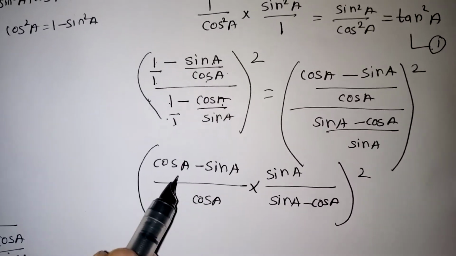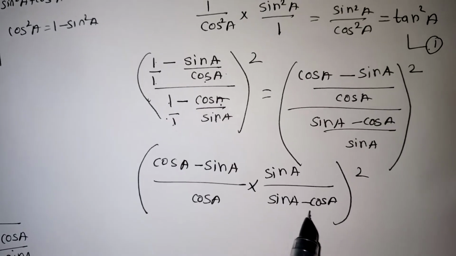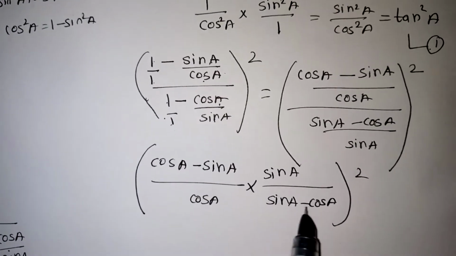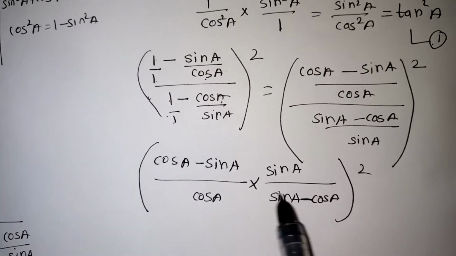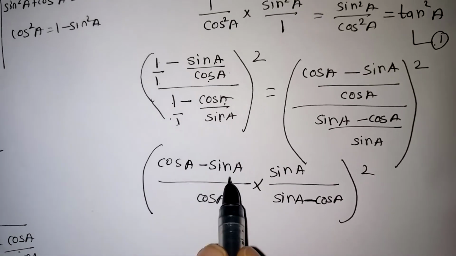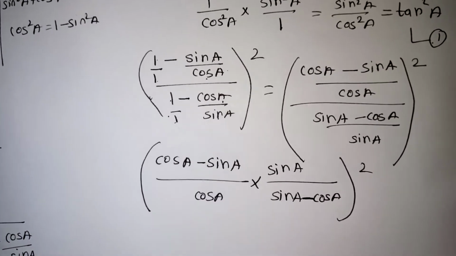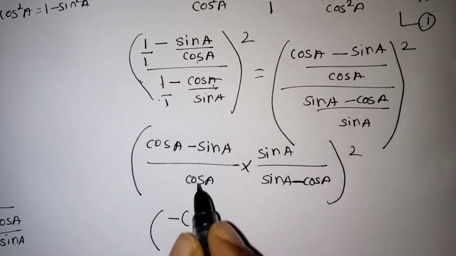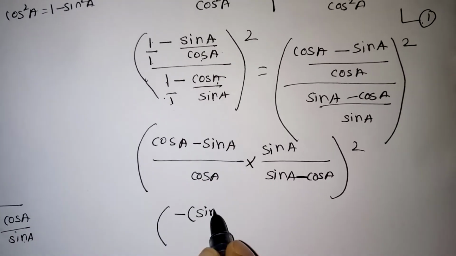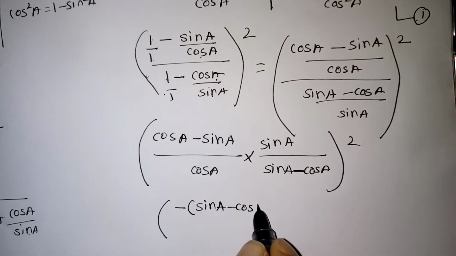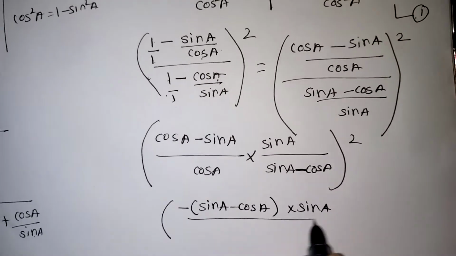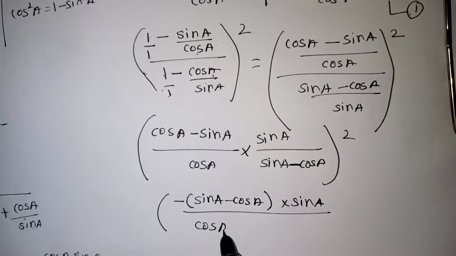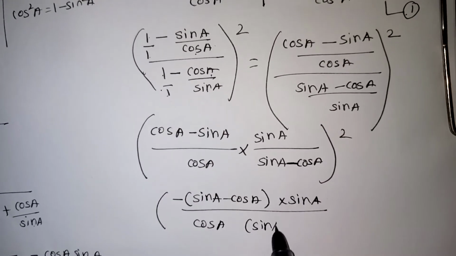Look at the terms cos A − sin A and sin A − cos A. Both are the same, but the order alone is not the same. Since it is a minus 1, when we change the place, one minus sign will come outside. So minus of, this will be written as (sin A − cos A) multiplied by sin A, divided by cos A into (sin A − cos A).